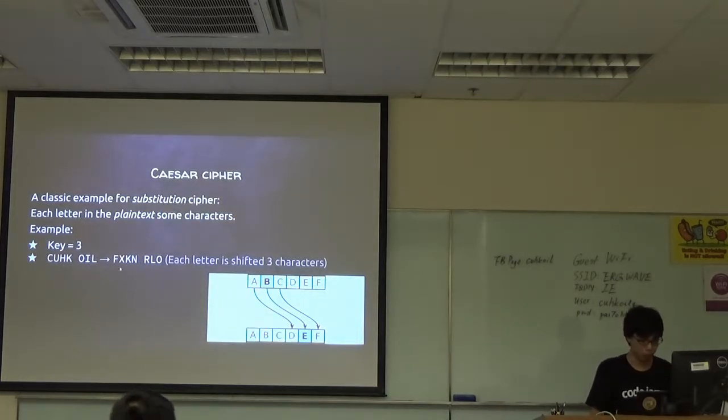I don't know how to pronounce this. If anybody could, you can help me pronounce this. And it is just a simple idea: shifting the characters, moving them 3 characters forward, from C to F and so on.